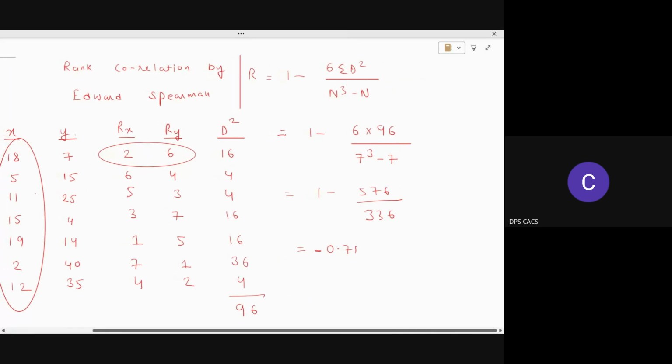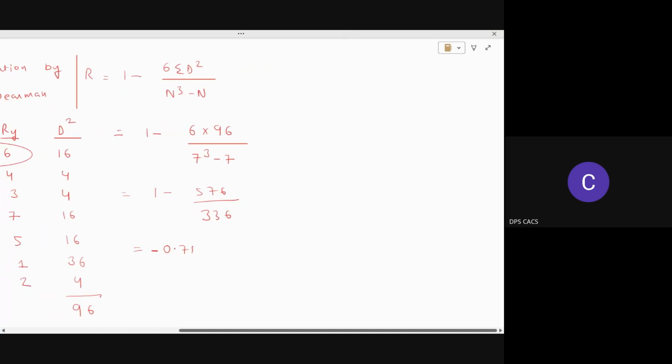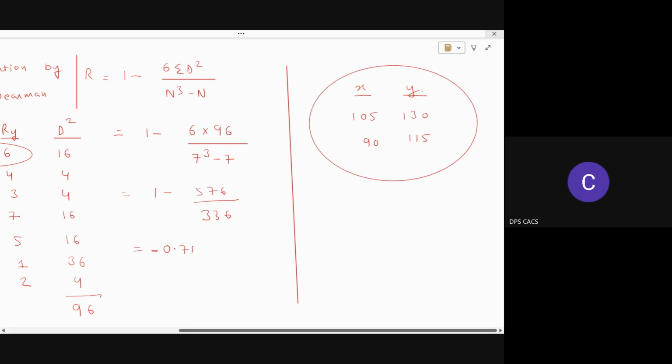Okay, you people are comfortable with types of correlation, right? Tell me what kind of correlation is this? On the screen, I am giving you one example. What kind of correlation is this?